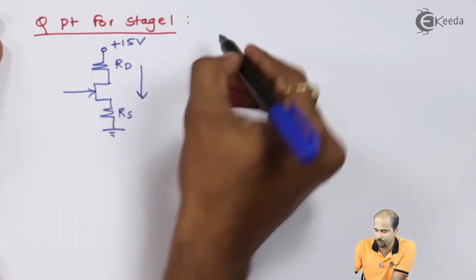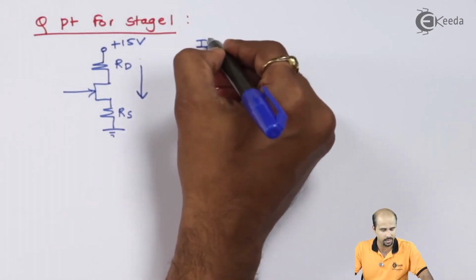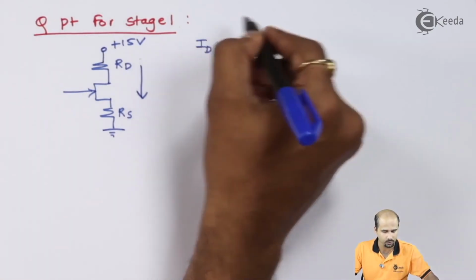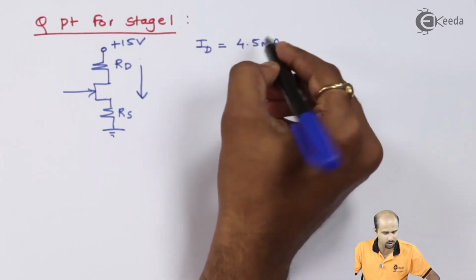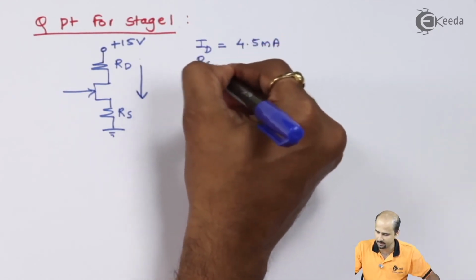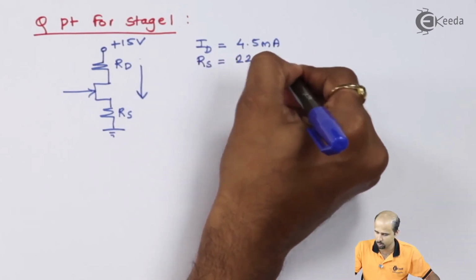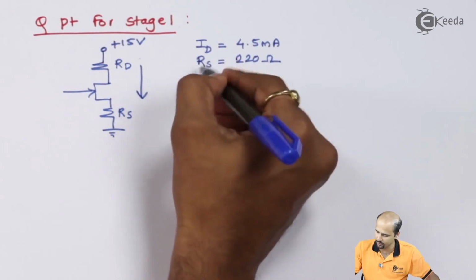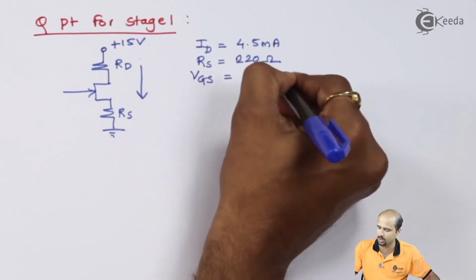Already we have the value of ID as 4.5 milliampere, and we have got the value of RS as 220 ohm, right? And moreover, we have also got the value of VGS equal to -1 volts.